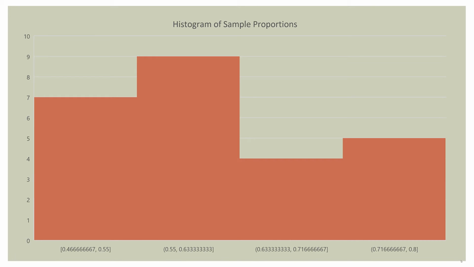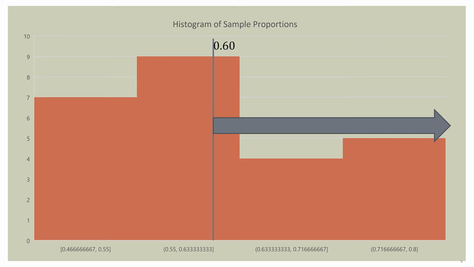So if we do a histogram of all those sample proportions, this is what we get. And if we plot a marker at 0.6, which is right here, we should expect about half of our sample proportions to be above that and about half to be below that. And we obviously do. Over here on the left, we have 7 sample proportions in this first bin.